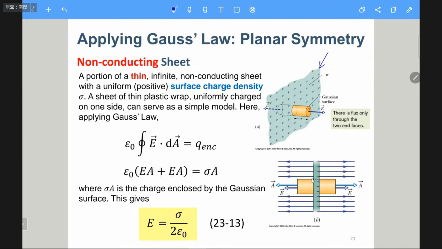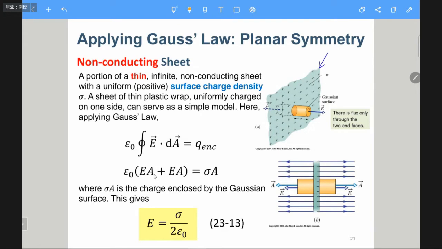For the charge enclosed by this Gaussian surface, it is sigma, the surface charge density, times the area of this circle. So sigma A is the charge enclosed.